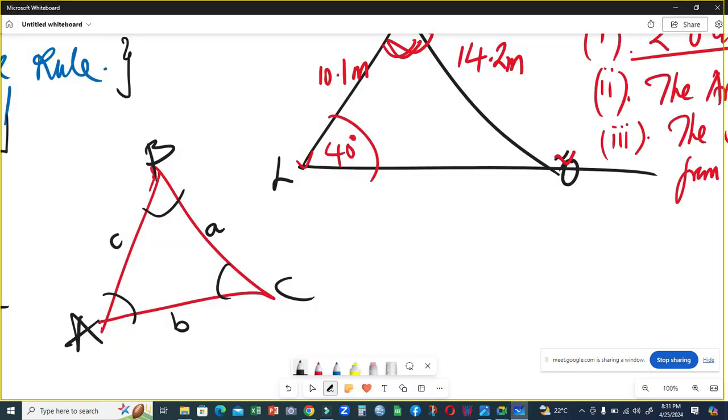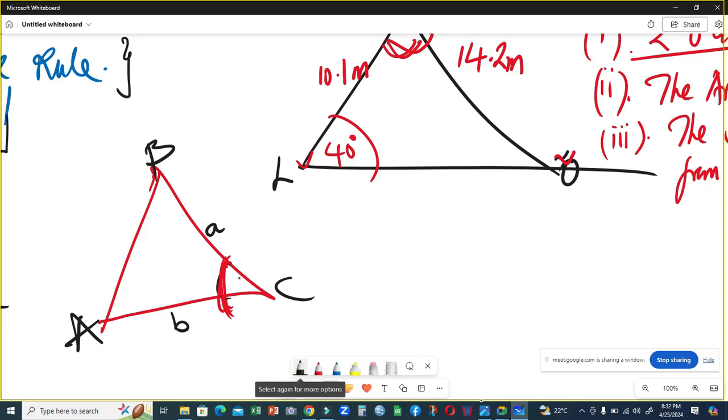So now, if you have been given two sides, for example, you have been given a and b, now the sides a and b are meeting at C. This angle C, where the two given lines are meeting, has a special name.